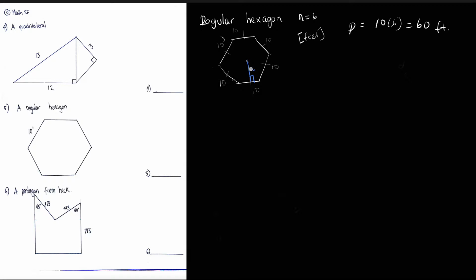It's called a. So I'm actually going to break this into triangles. That's the technique here, using triangles. But we're going to have to know what each angle is. If it's a regular hexagon, each of the interior angles should be 120 degrees.